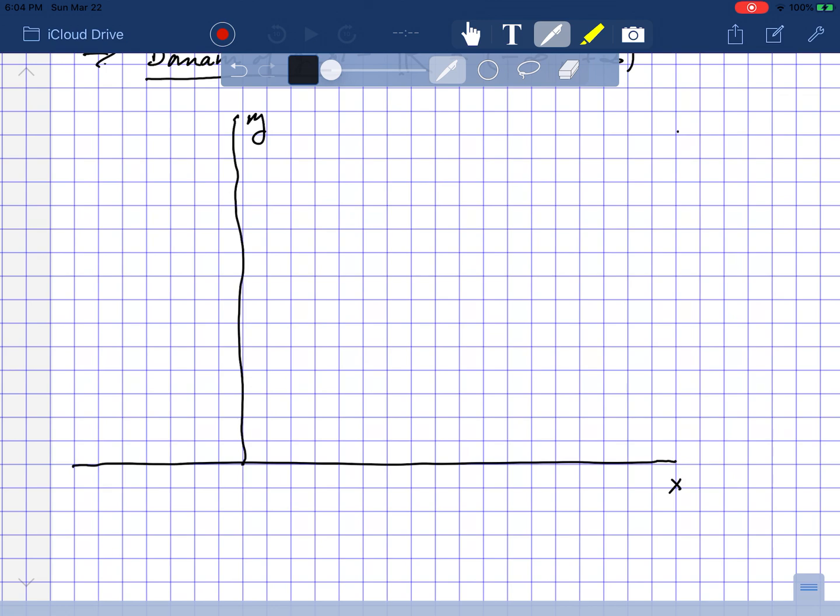We know that g of x is equal to 2 to the x. So g of 0 is equal to 1. That means that the point with coordinates 0, 1 lies on the graph of my function.